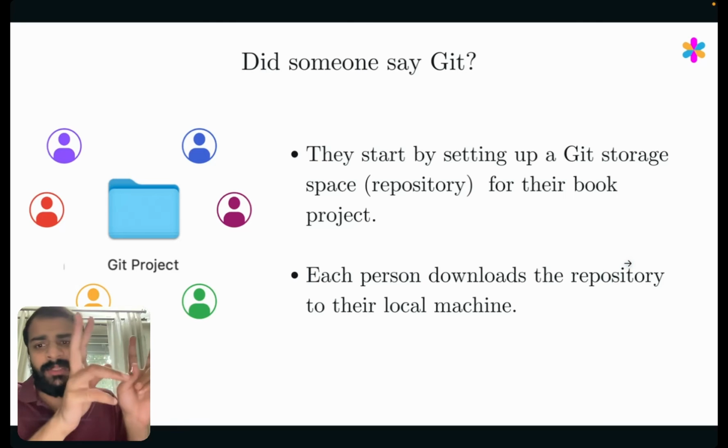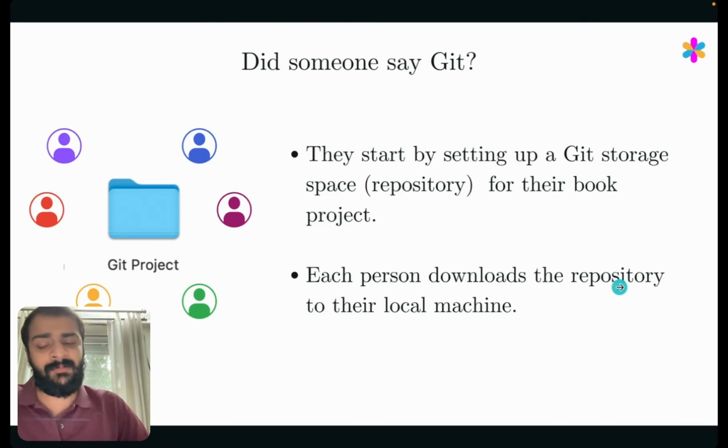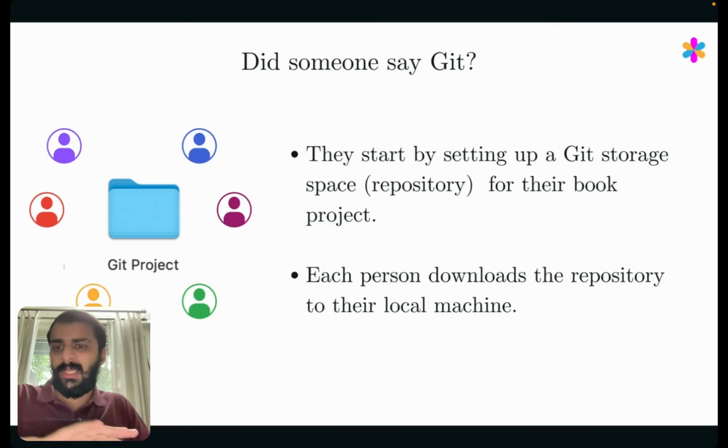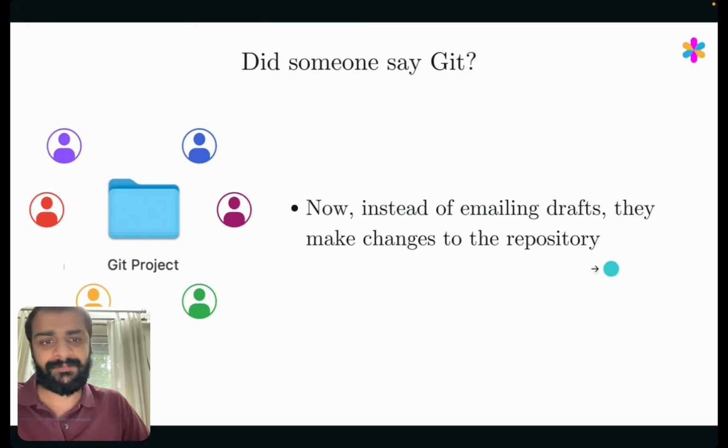When I say repository, you can think of it as the project which you have been working on. When you download the repository, you not only get the main version of the project, you also get information about what other people have been working on and what the current changes are which they have implemented. So you can do all this without emailing different people, and you will also see a history of the changes people have made in their own versions.